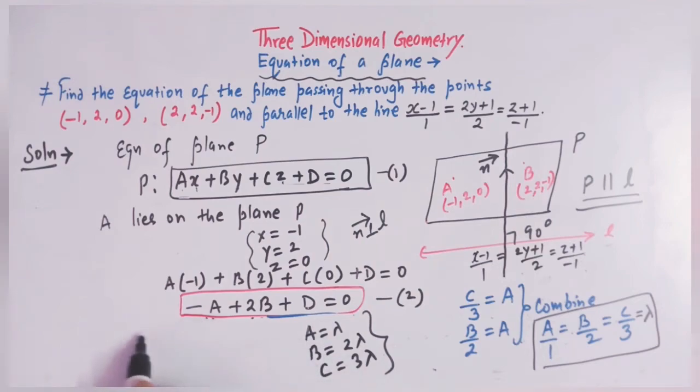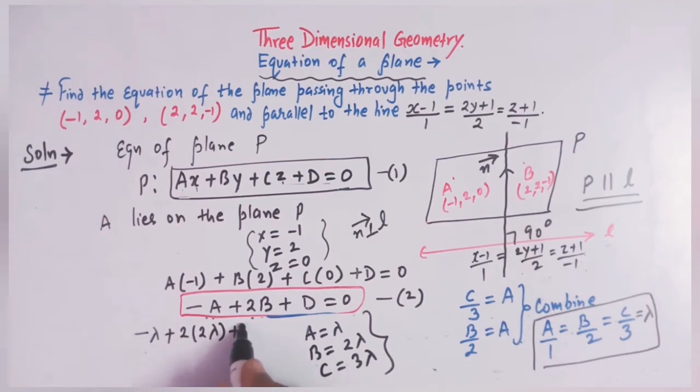So let us substitute the value of a and b. So we have minus lambda, then we have 2 times 2 lambda plus d is equal to 0. So this is minus lambda plus 4 lambda plus d is equal to 0. So this is 3 lambda plus d is equal to 0. So d is equal to minus 3 lambda, right?